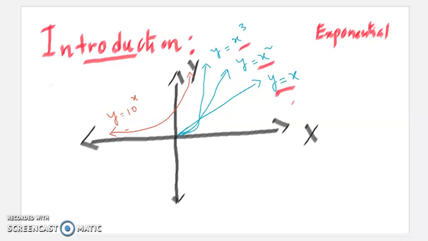No. These 3 are polynomial functions with different degrees. Here the degree is 1, here the degree is 2, here the degree is 3. And the last one, the red color curve, represents the exponential function.